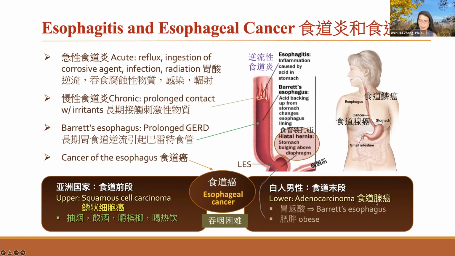And that's mostly in white males. And it can also be caused by obesity. But in Asian countries, most of the esophageal cancer is in the upper part of the esophagus. And the risk factors are drinking, smoking, and very hot drinks.